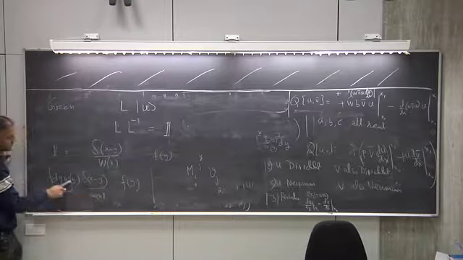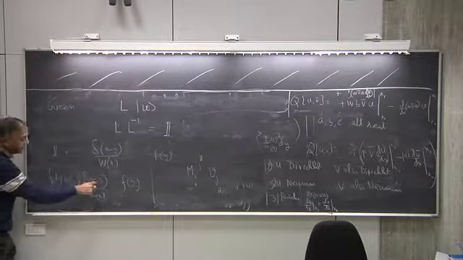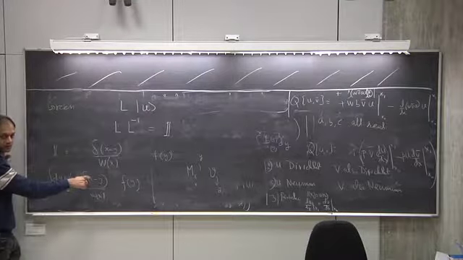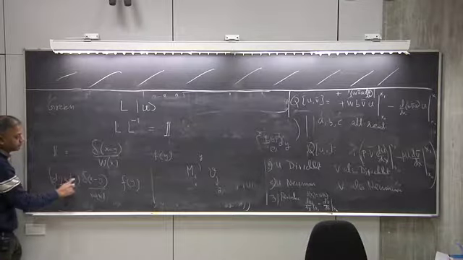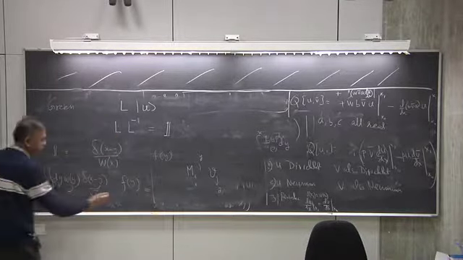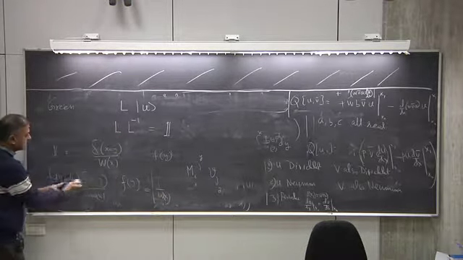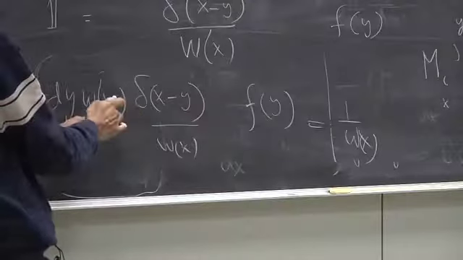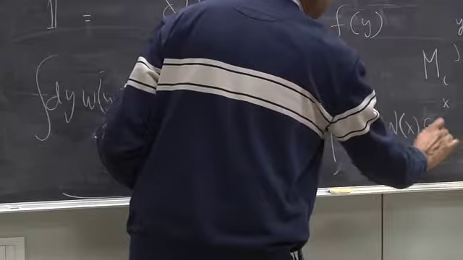So w(x) I can set as w(y), because this is 0 everywhere except for x equal to y. So the only contribution will be when x equals y. So w(x) goes out, 1 over w(x), and then when I integrate over y, what will happen? This will all just become w(x) times f of x.